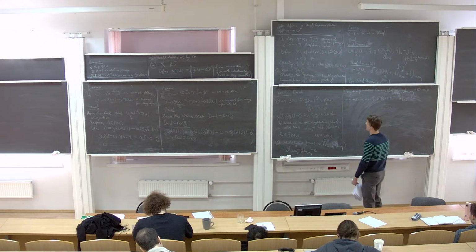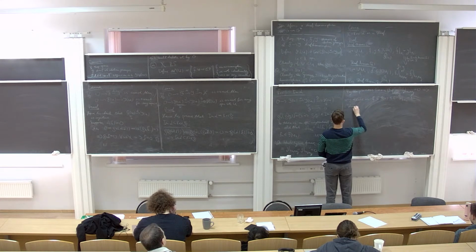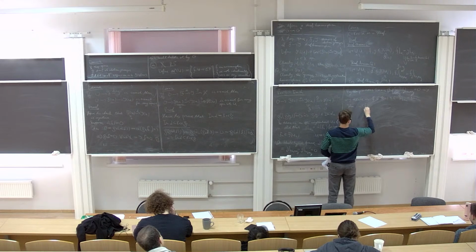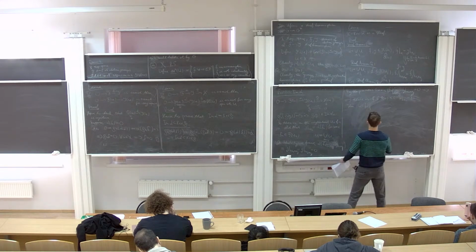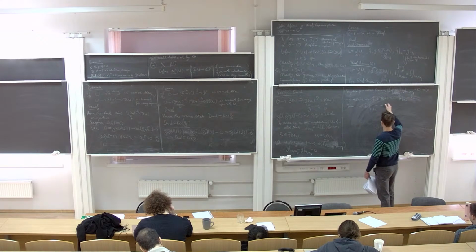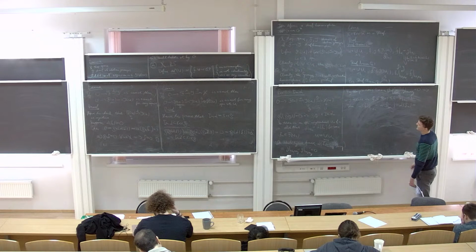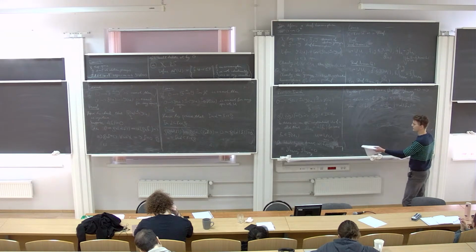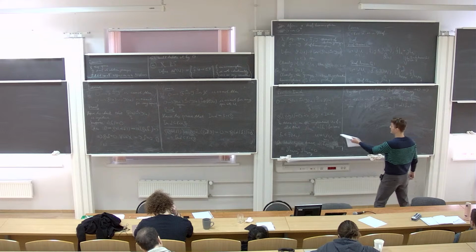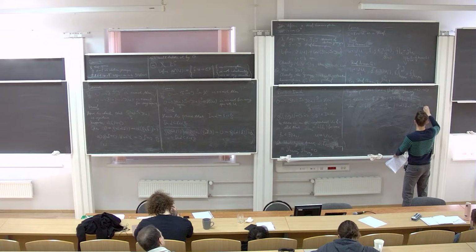Then alpha applied to f restricted to Ux is equal to alpha of f restricted to Ux, which is alpha of fx, and alpha of fx is g restricted to Ux.